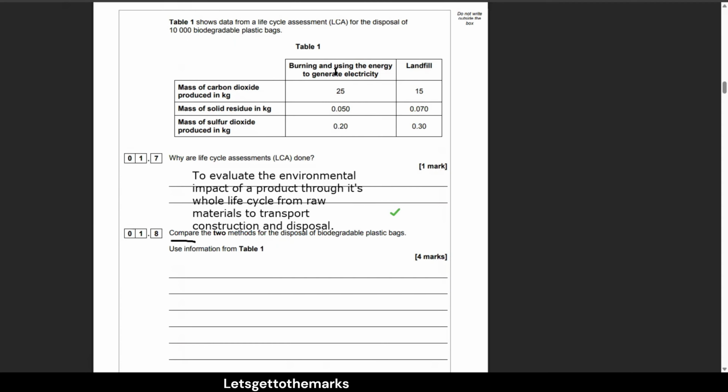Right. So if we burn and use the energy to generate electricity, we're going to say, okay, burning releases more carbon dioxide, which causes global warming. So that's bad, right? I'm kind of evaluating, I shouldn't really put that because that's an evaluation, but burning releases more carbon dioxide. What else can we say?